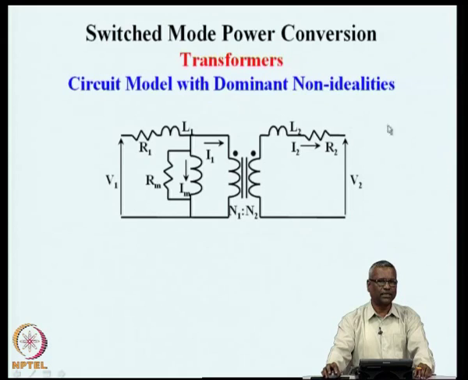This is the circuit model of the transformer. Whatever we had ideally designed, that transformer is there, but there are several non-idealities: magnetization, leakage, conduction. But this is our ideal transformer. All non-idealities will normally be very small compared to the ideal properties which we designed for.